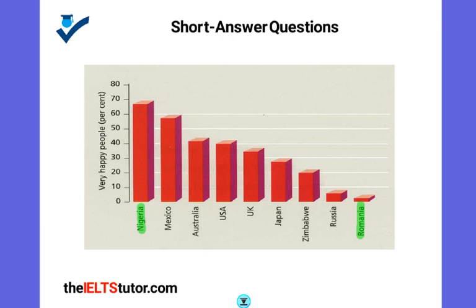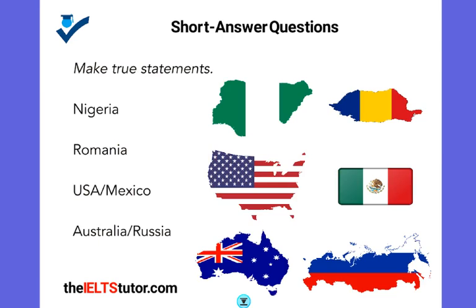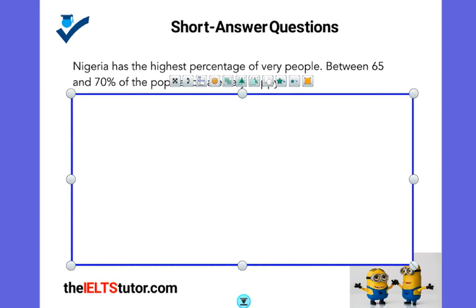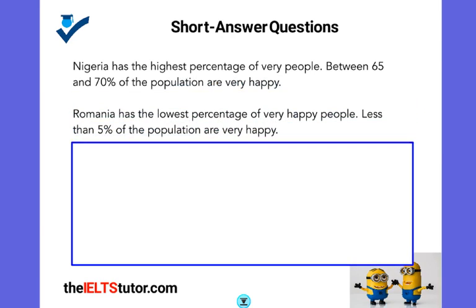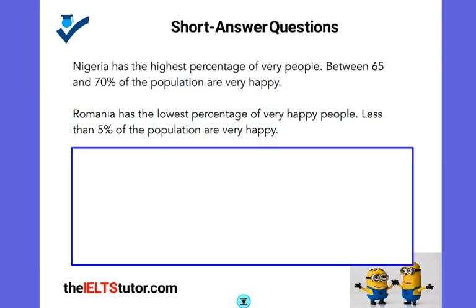So let's take a look at how we can put this down in writing. Romania has the lowest percentage of very happy people, which is a bit sad. People might disagree with these figures here, but based on what we can see, less than 5% of the population are very happy.